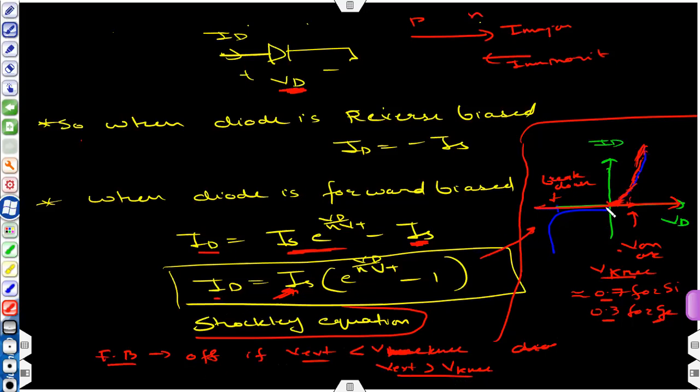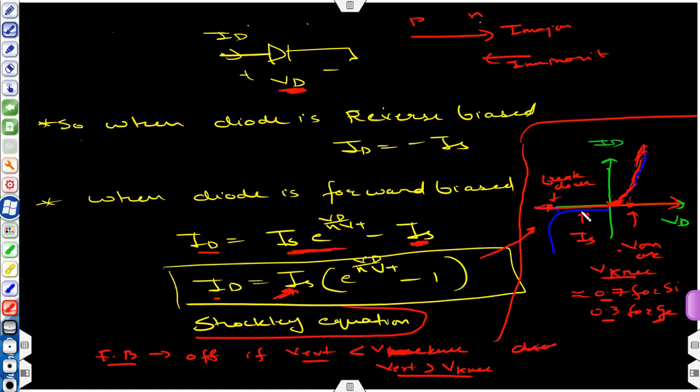Okay, and in reverse bias, you have a very small amount of current, that is IS, the reverse saturation current. So whenever you increase the reverse voltage, up to a very large value, maybe 100 or 1000 volts, your current value will be practically constant.